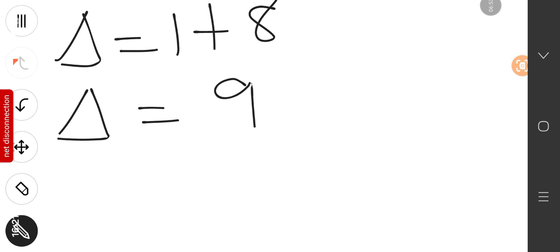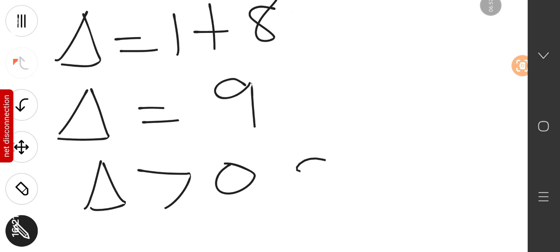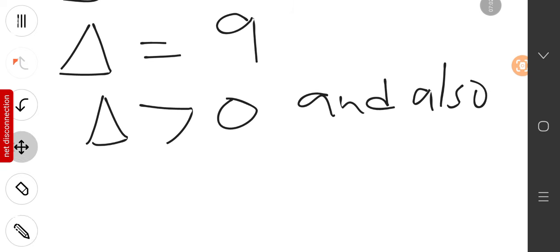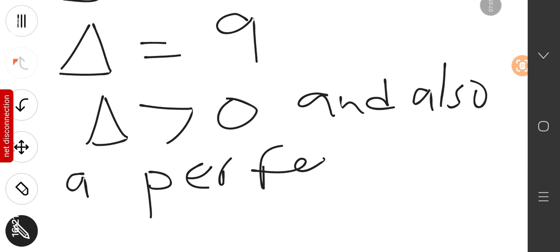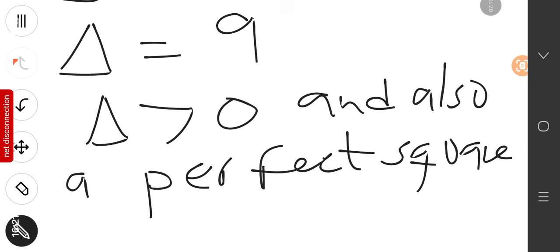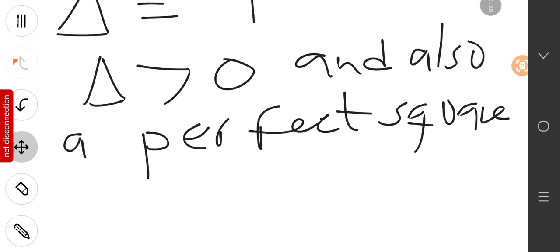Now, since the discriminant is greater than 0, and also a perfect square, we can factorize.